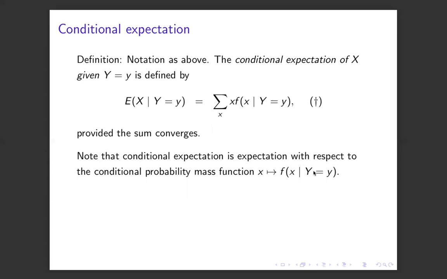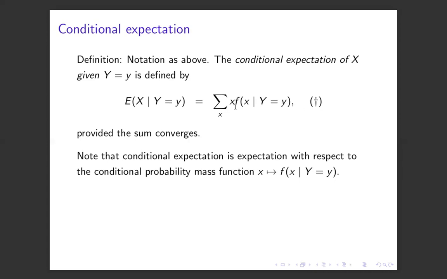So with the notation above, as before, the conditional expectation of capital X given capital Y equal to little y is defined as the summation over x of x times little f of X given Y equal to little y.